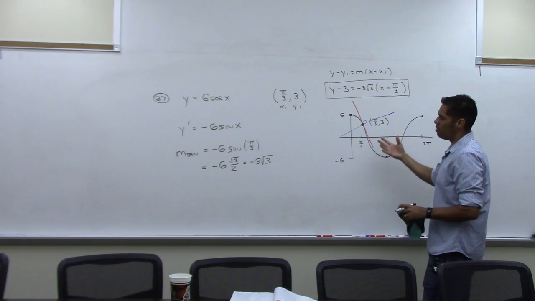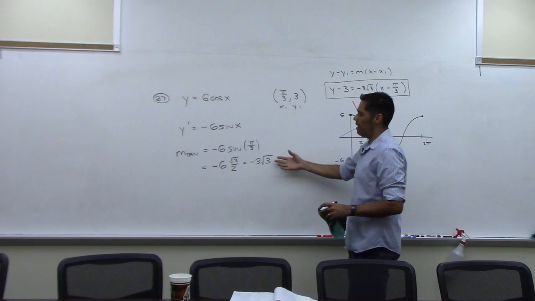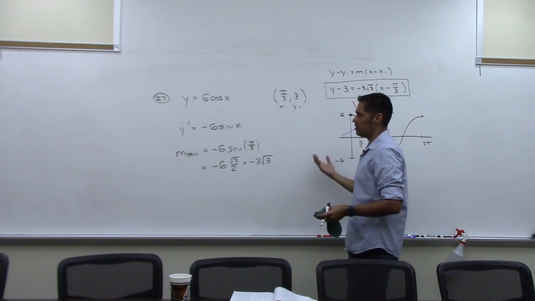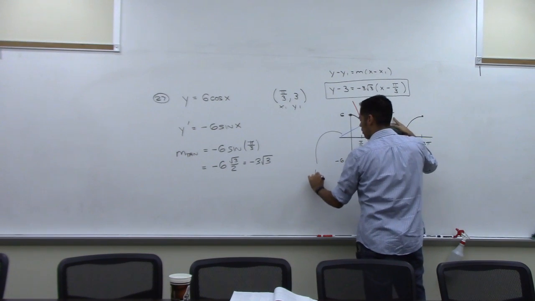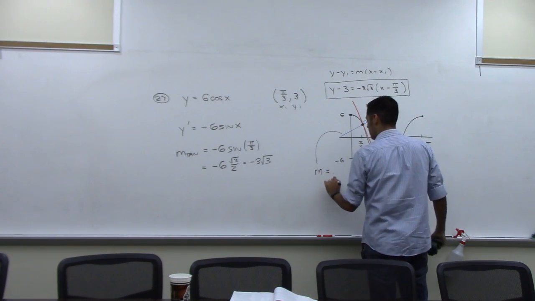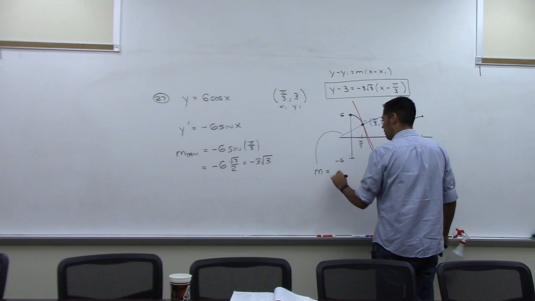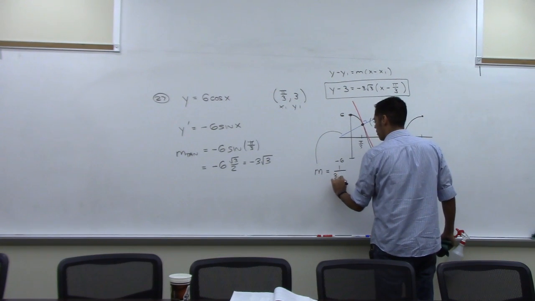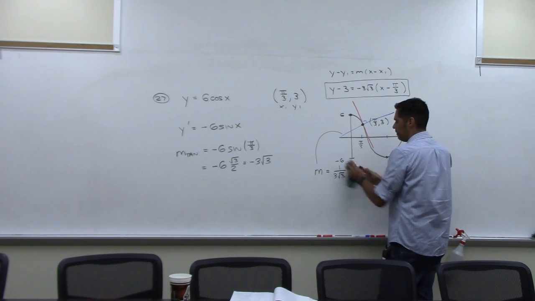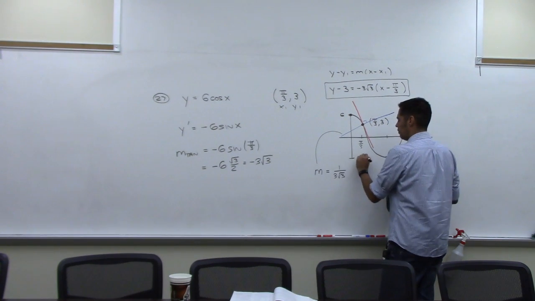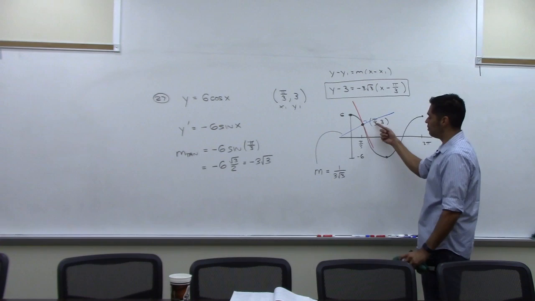So take the slope that we have here, do the reciprocal of it and change the sign. So the slope of this blue line is going to be that flipped over, 1 over 3 root 3. It was negative, so now it's going to be positive.